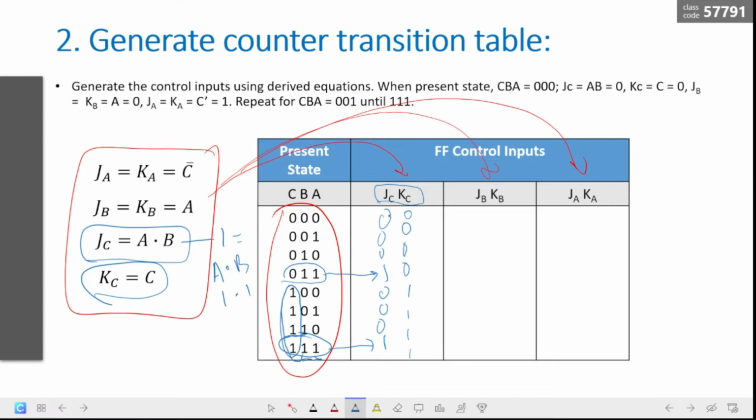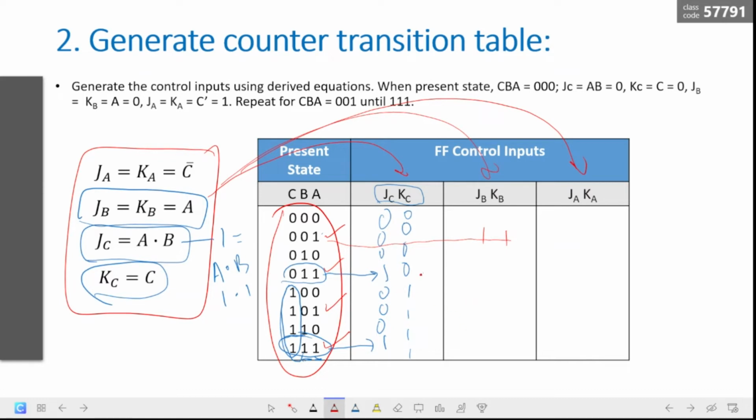So what about flip-flop B? JB and KB are equal to A, which is much easier. Whenever A is 1, here, here, here, and here, JB and KB of flip-flop B are also 1.